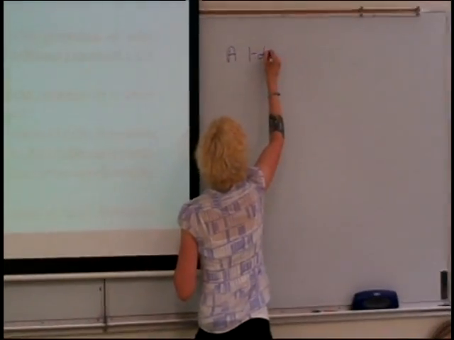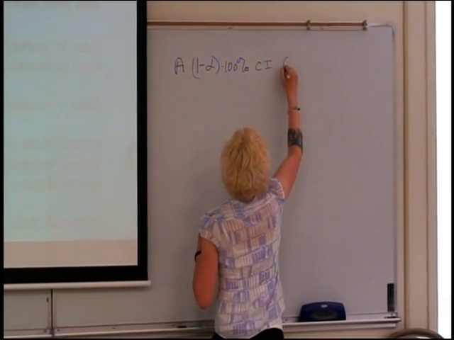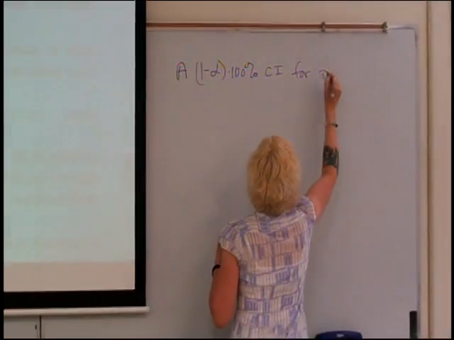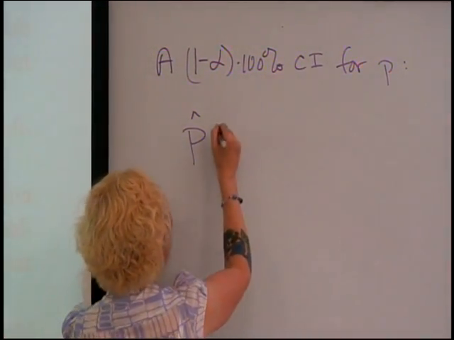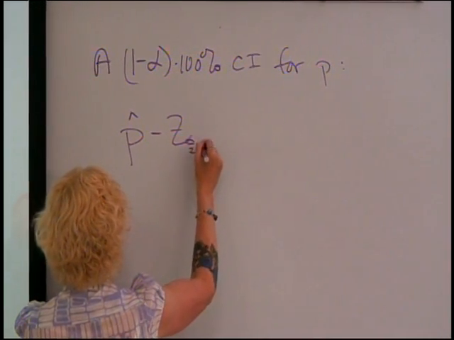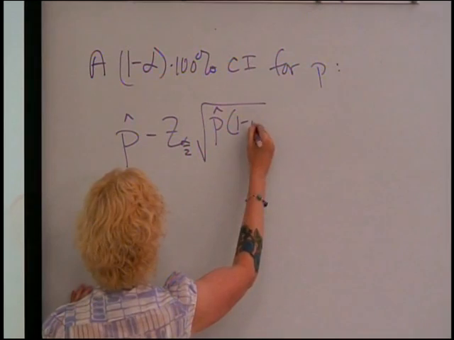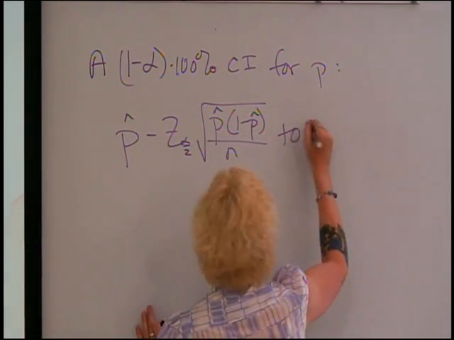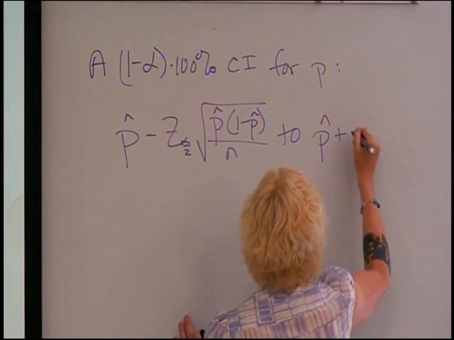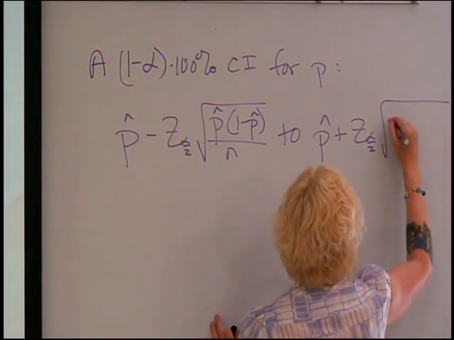A 1 minus alpha times 100% confidence interval for p is given by p hat minus a z-score times the standard deviation, but now we're going to use p hat because we're trying to estimate p, to p hat plus some z-score times the standard deviation.